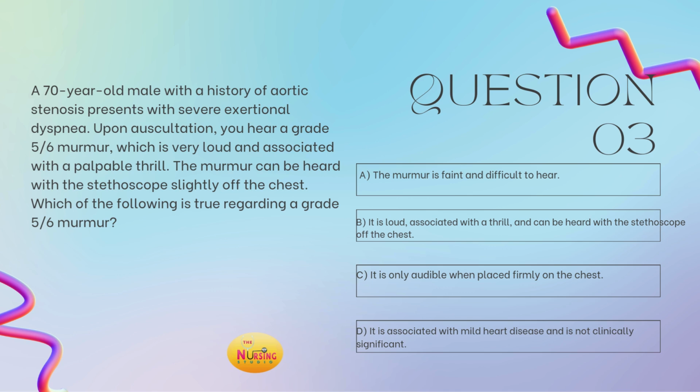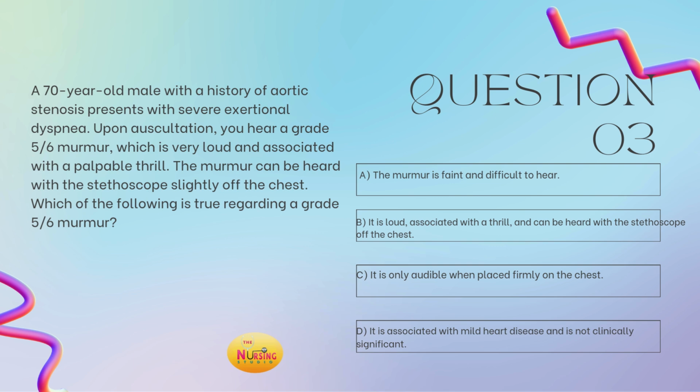It's just that some you can have on there lightly, etc. By the time you get to 4 and the palpable thrill is noted, now it's starting to require less pressure from the stethoscope to identify. Like grade 1, you're going to have to put firm pressure, right, to hear. Grade 4, the palpable thrill is noted.